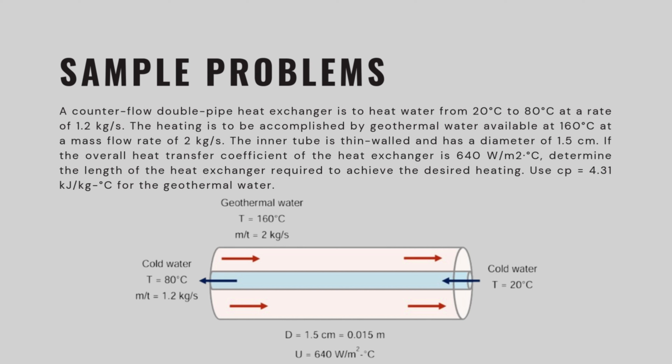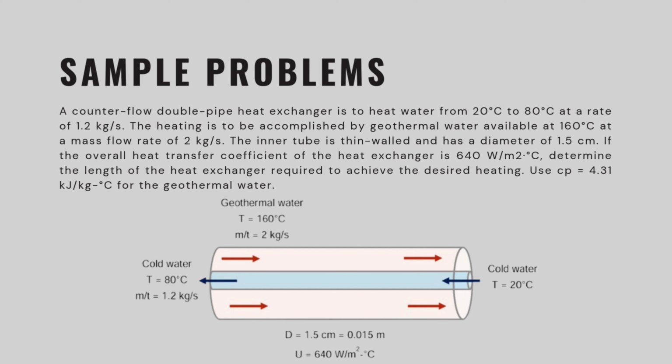For our second sample problem, a counterflow double pipe heat exchanger is to heat water from 20 degrees Celsius to 80 degrees Celsius at the rate of 1.2 kg per second. The heating is to be accomplished by geothermal water available at 160 degrees Celsius at a mass flow rate of 2 kg per second.